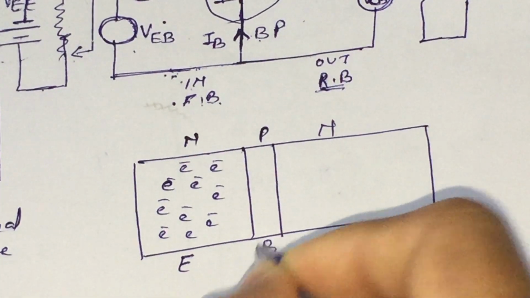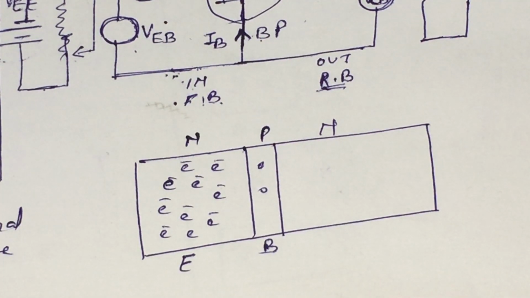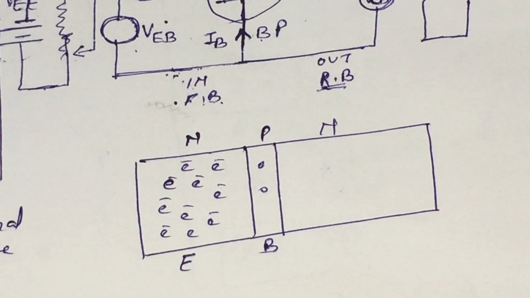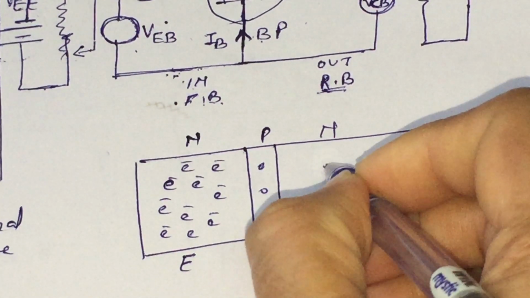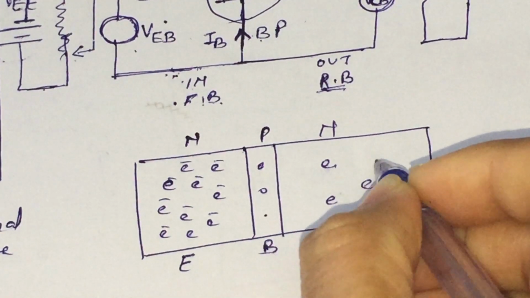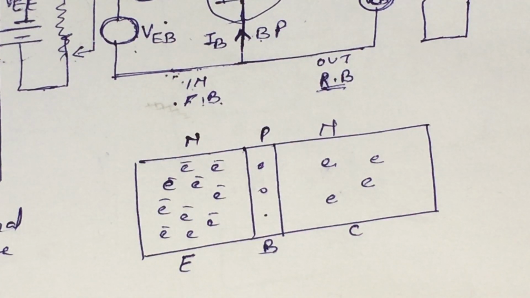In the base region, there are few holes, and it is the lightly doped region in the transistor, and the collector region is a moderately doped region. There are again few electrons here.